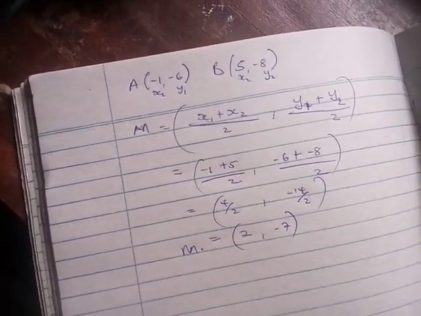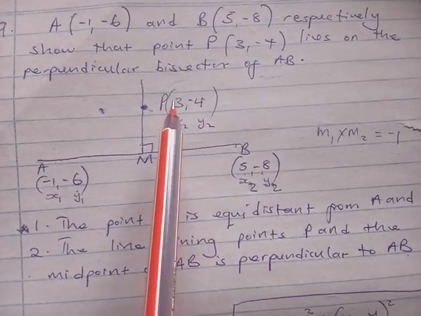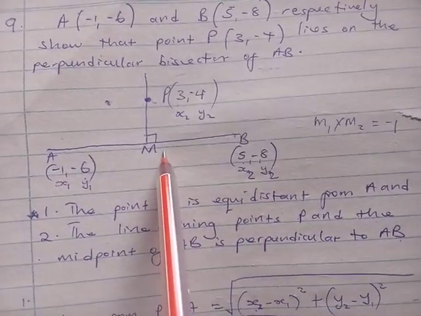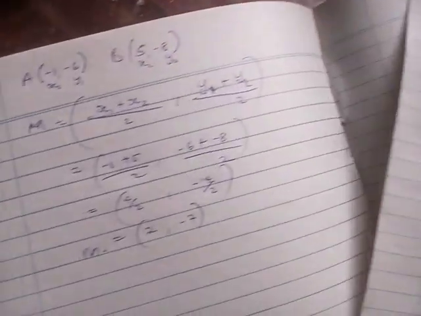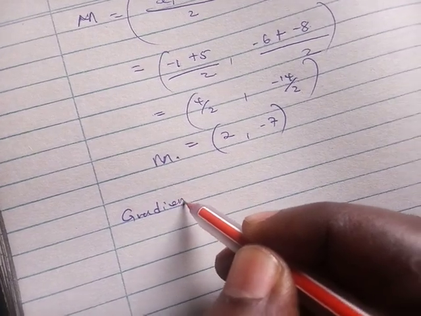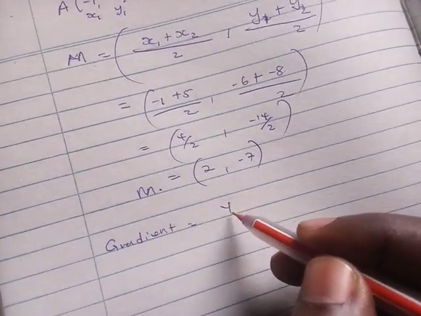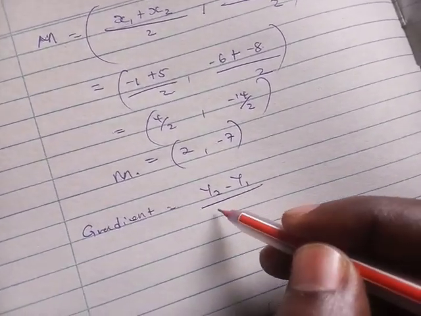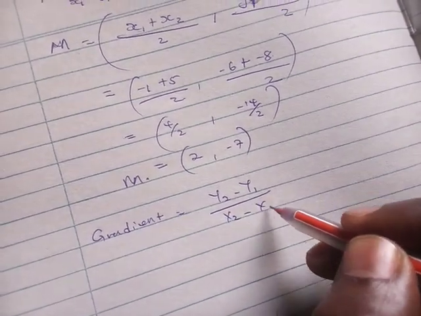Okay, so after getting the midpoint, we shall now get the slope of PM, the gradient. You know how to get the gradient. Gradient is equal to change in y, y2 minus y1, out of x2 minus x1.